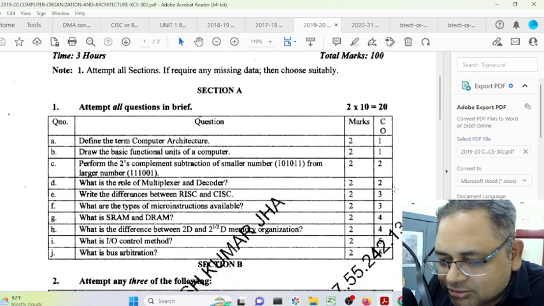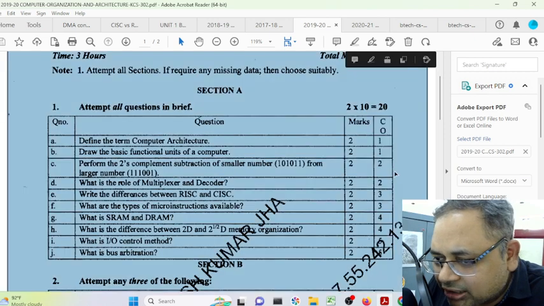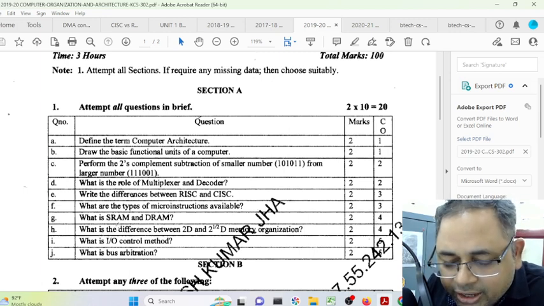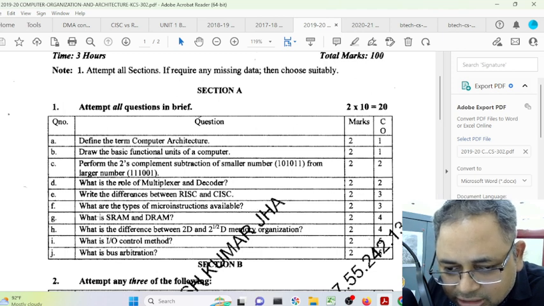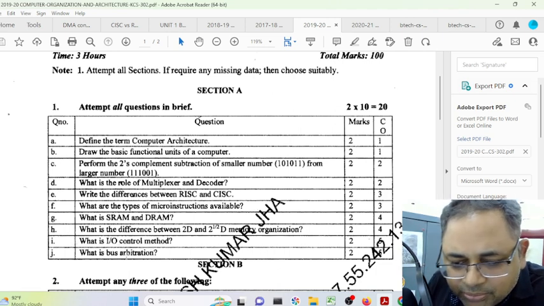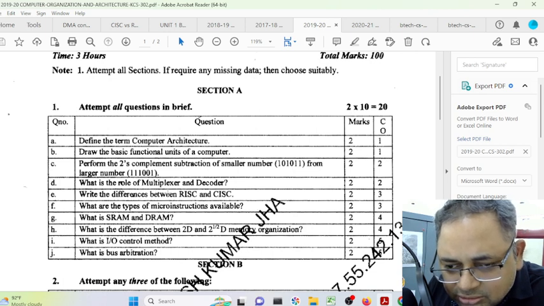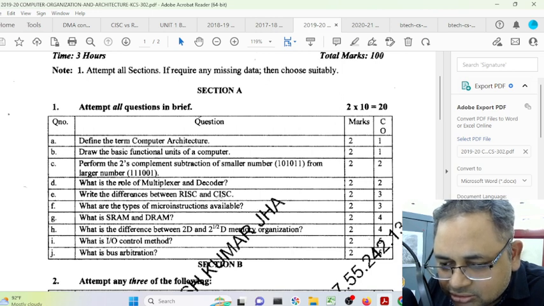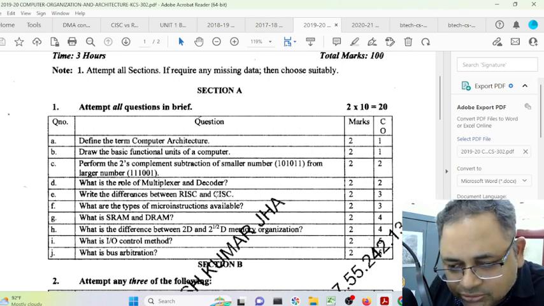They are writing CO, then 1 1 2 2. So in the column of the CO, this 2 represents that this question belongs to unit 2, and 4 represents, as you can understand. Again in the 2 marks questions, SDRAM and DRAM, 2D and 2.5D, and the input and output control unit. Bus arbitration, that's a general question. RISC and CISC, reduced instruction set computers and complex instruction set computers.